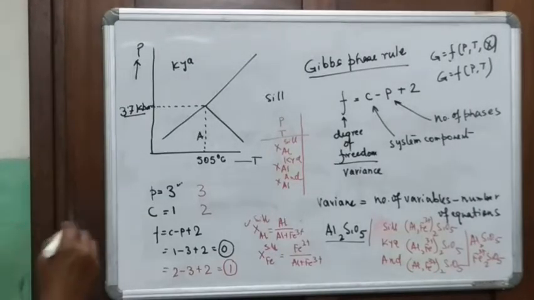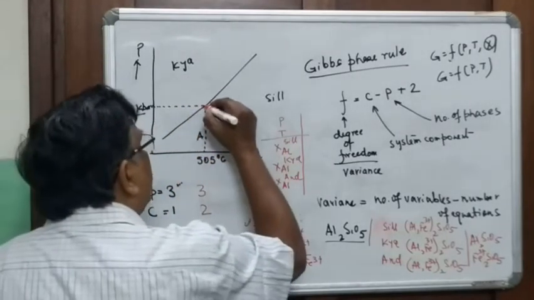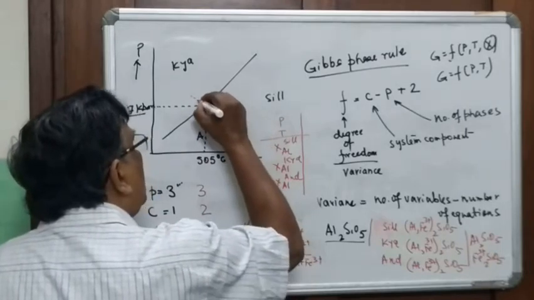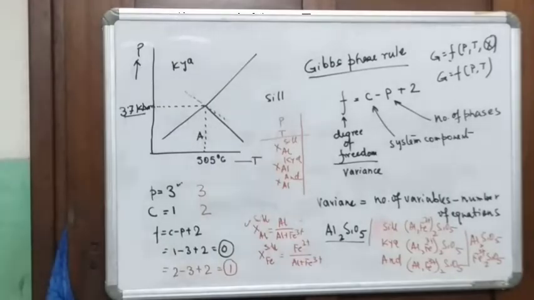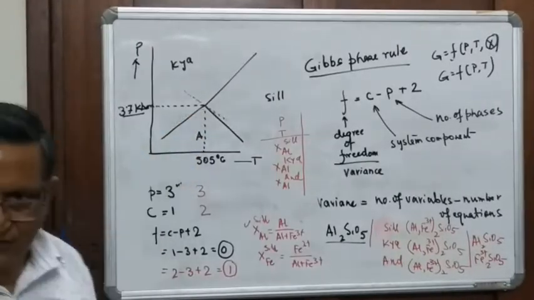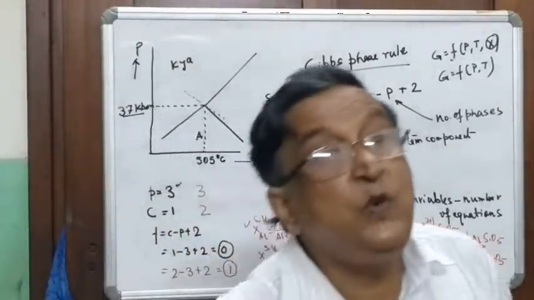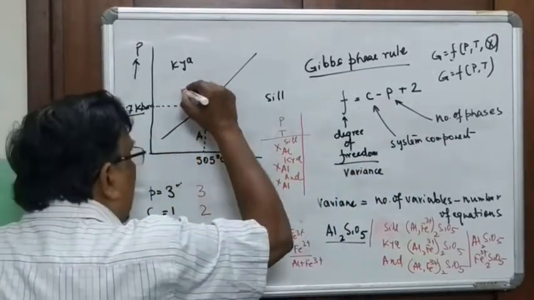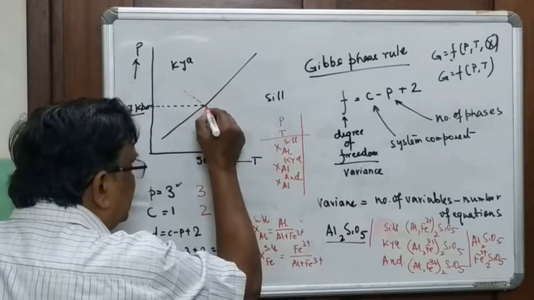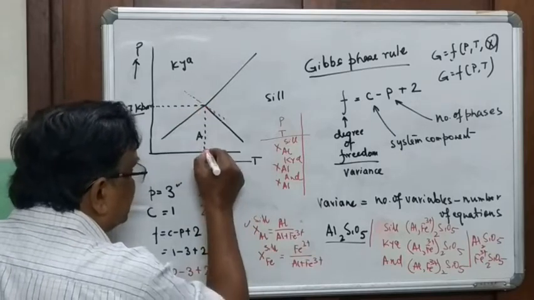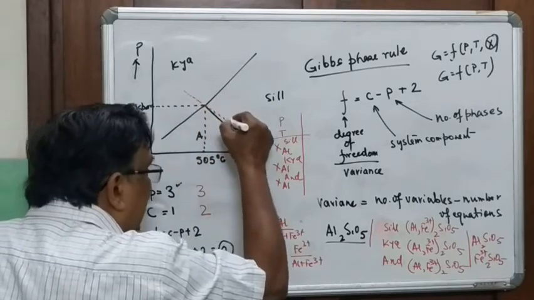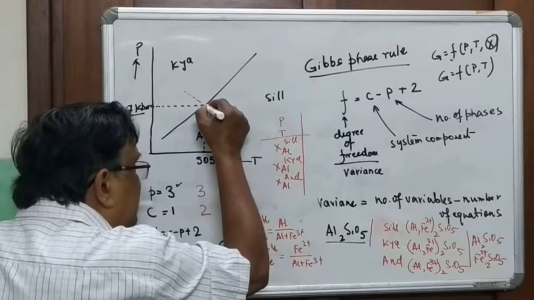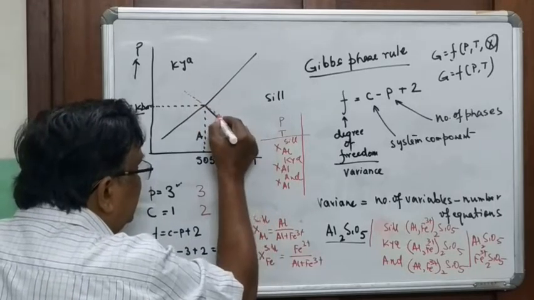So what has happened? This triple point is now no more an invariant system. It is now a univariant system. Why? You see, at this point, pressure and temperature are fixed. But if you are on this line, to fix the point, you need a variable.